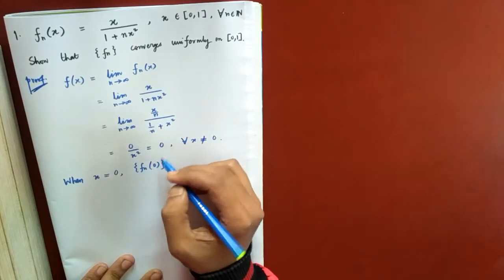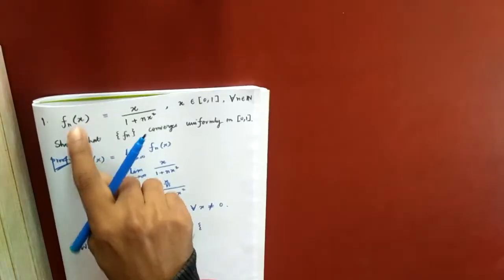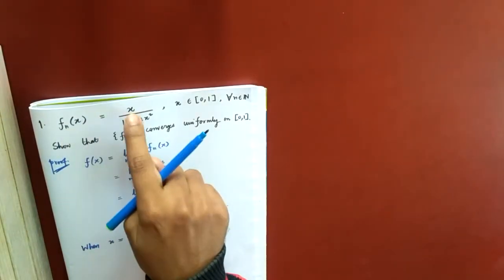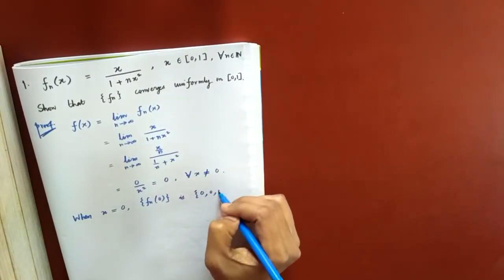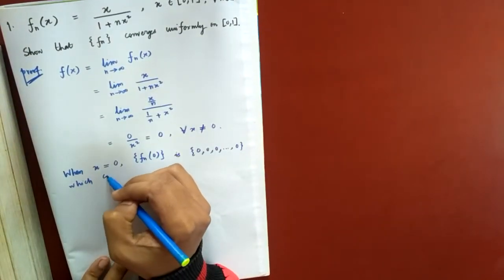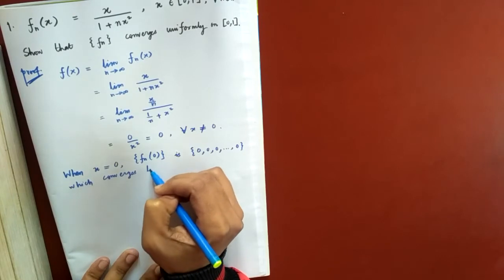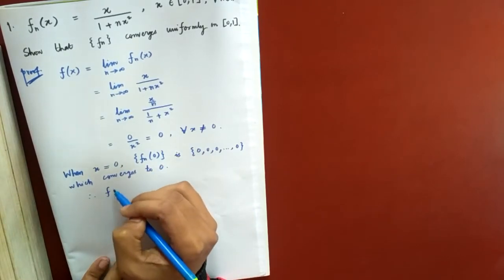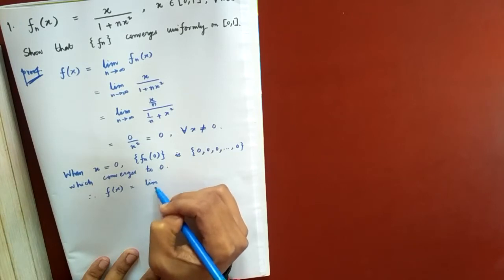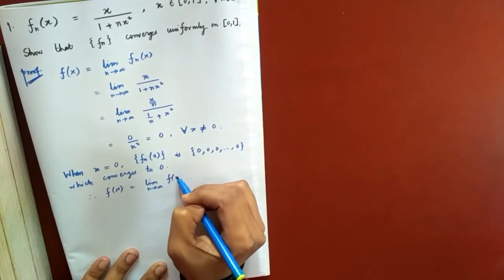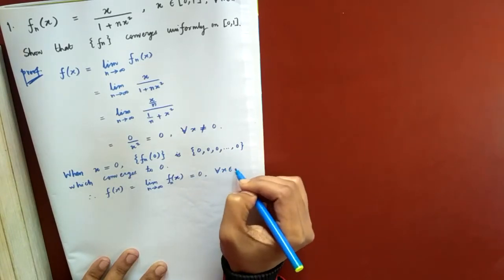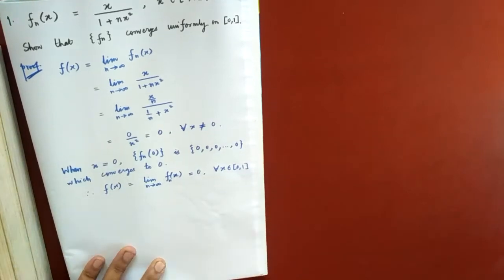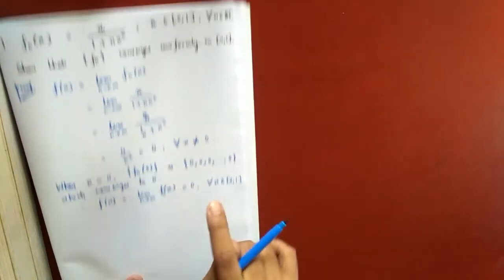When x is 0, f1(0) is 0, f2(0) is 0, f3(0) is 0. So 0, 0, 0 and so on, which converges to 0. Therefore, what is the limit function? f(x) was nothing but limit n tends to infinity fn(x). This is nothing but 0 for whatever x you choose from 0 to 1. So the limit function is identically 0 in the given interval.